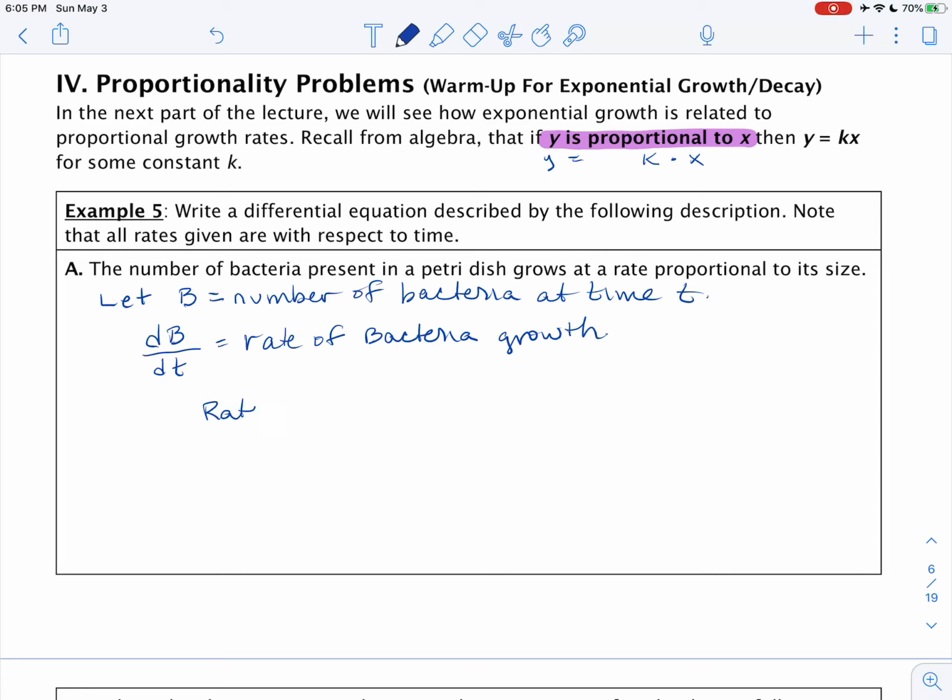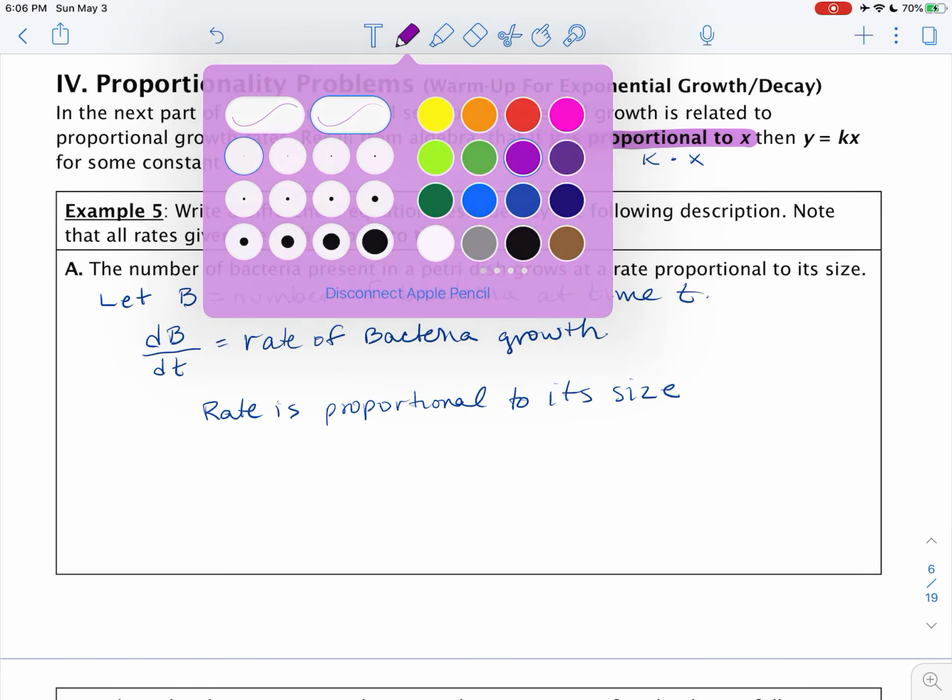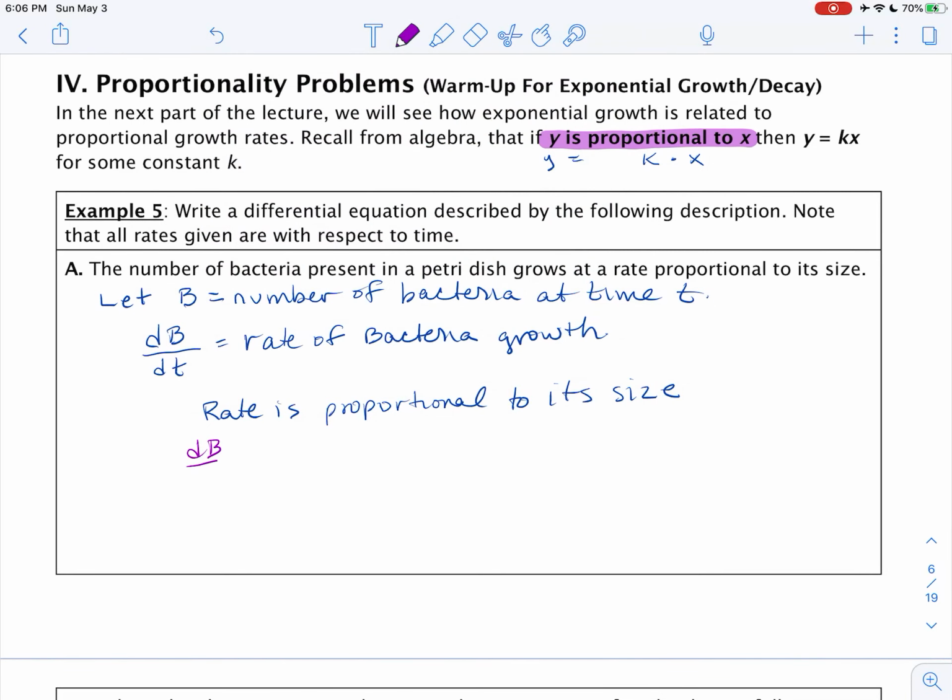So the rate is proportional to its size. So if I'm going to translate that, I'm going to say dB/dt is a constant times its size, and the size is the number of bacteria at time t. Good. So there you have a differential equation in B.